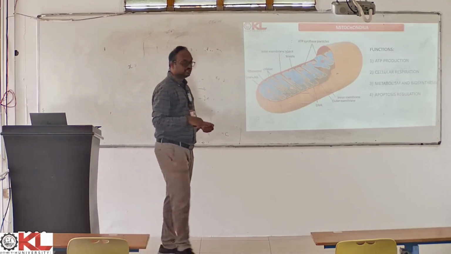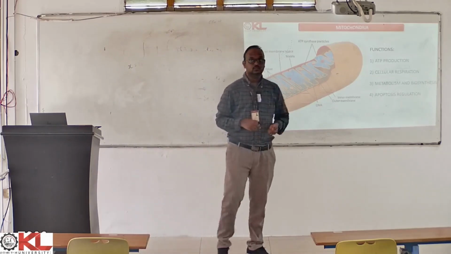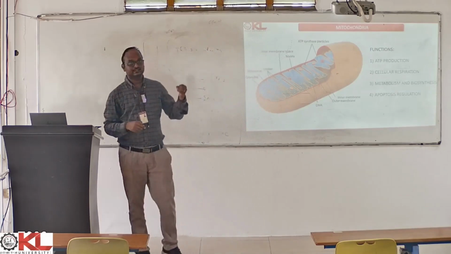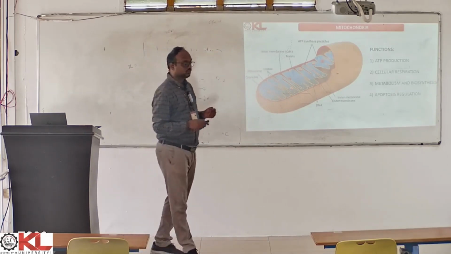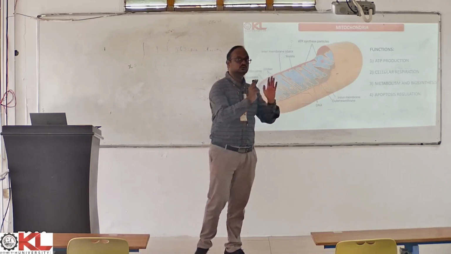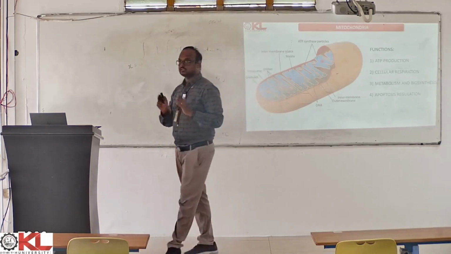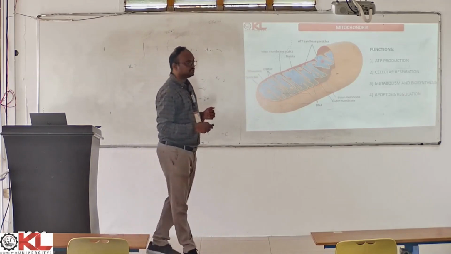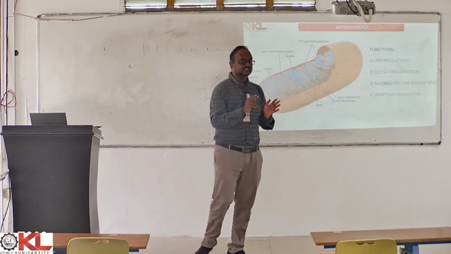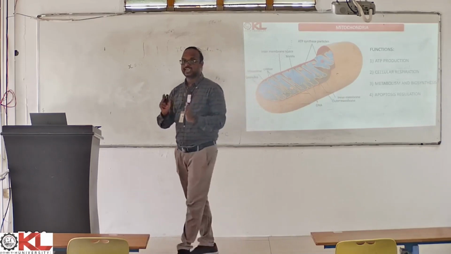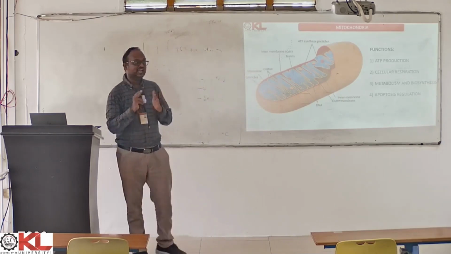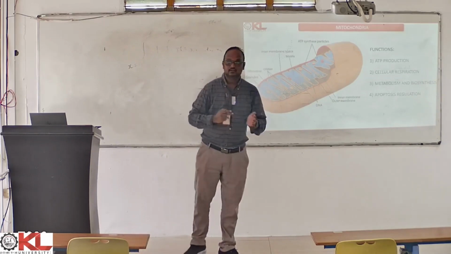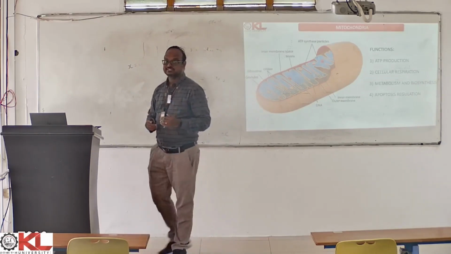Apoptotic regulation. Apoptosis means a programmed cell death mechanism. When a cell needs to destroy itself, it will activate specialized enzymes called caspases. These caspases trigger and perform the cell program called programmed cell death.